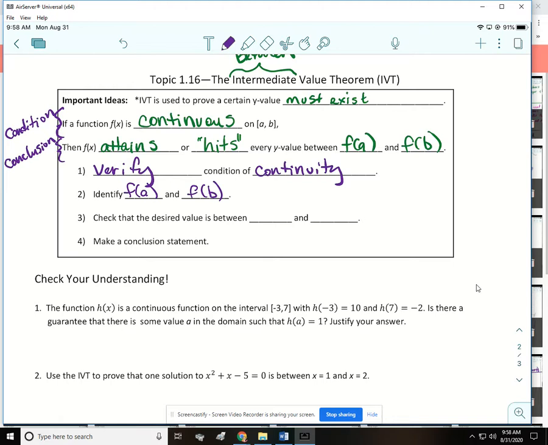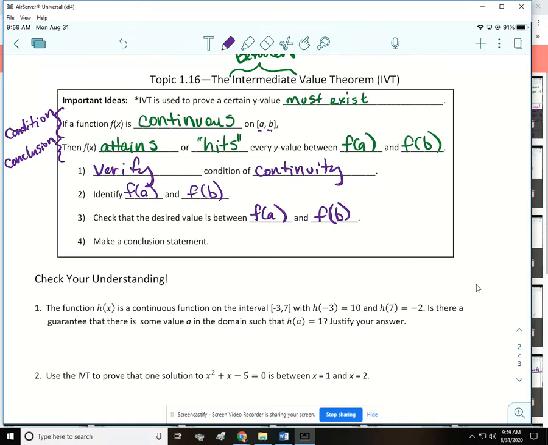So that's taking the endpoints of your interval and finding the function value of them. And then make sure your desired value is between them. All right, and then we're going to make the conclusion statement.